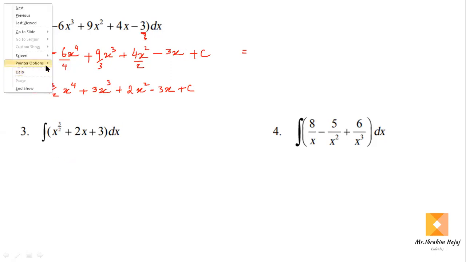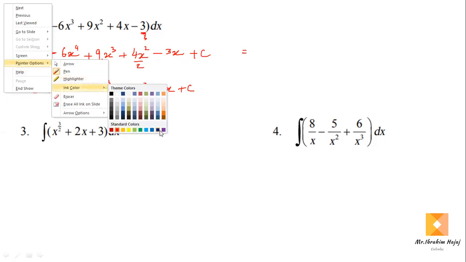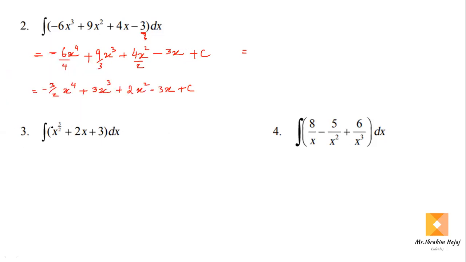Integrate x to the power of 3 over 2 plus 2x plus 3, dx. Yes, Mr. We add 1 to the exponent: 3 over 2 plus 1 gives 5 over 2, all over 5 over 2.